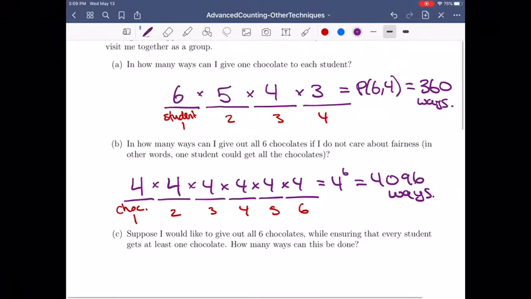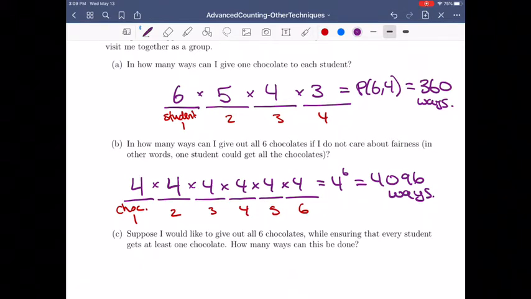So sometimes it can be hard to tell the difference. Which category should be my spaces, and how do I know where the options are? So once you've picked which are your spaces, then the options should be easier to come by, but it can be hard to tell.